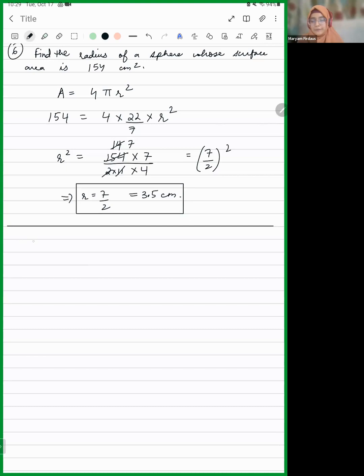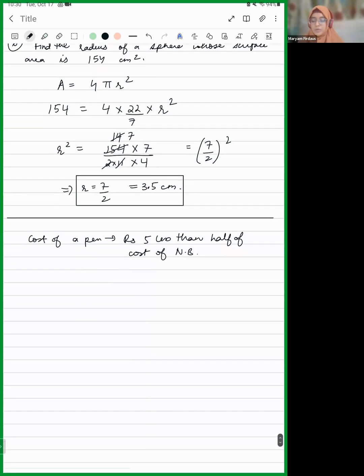Yes, Avni. The question was: the cost of a pen is rupees 5 less than half of the cost of the notebook. Write the statement as a linear equation in two variables where x is the cost of notebook and y is the cost of pen. Now don't look at the options, because in such questions the options are only going to confuse you.